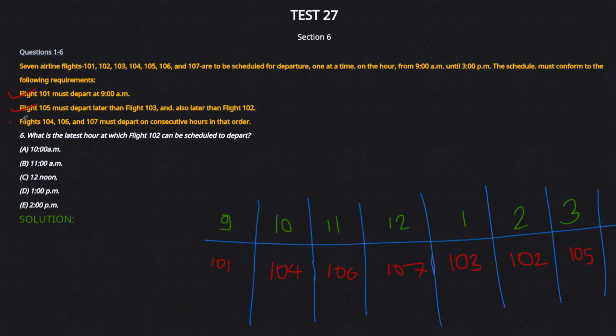So the last one is ticked out as well. So if we plant 102 at the 2 p.m. time slot, it checks out all the boxes, and that is why 2 p.m. is the latest time at which 102 can leave the airport. So that is the correct answer.